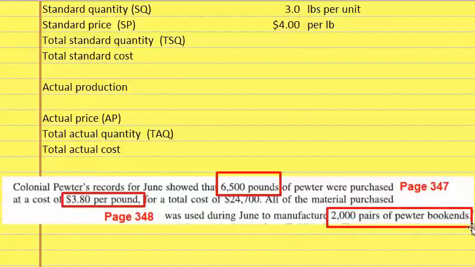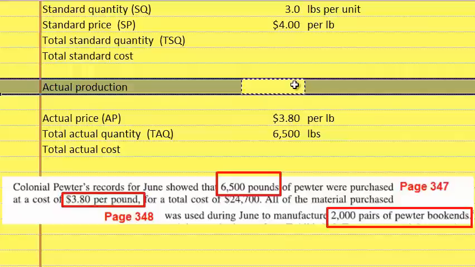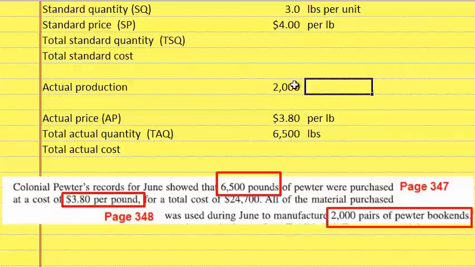Let's drop those into our structure here. The actual price is $3.80 per pound. The total actual quantity is 6,500 pounds. And the actual production is 2,000 units, or in this case 2,000 pairs of pewter bookends.